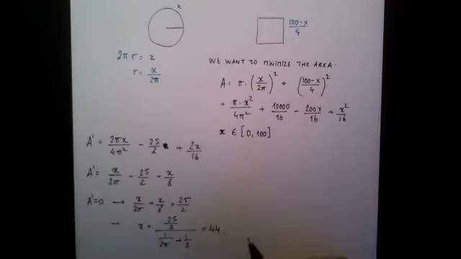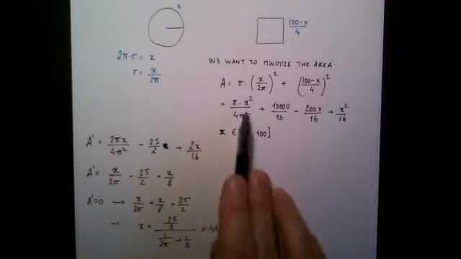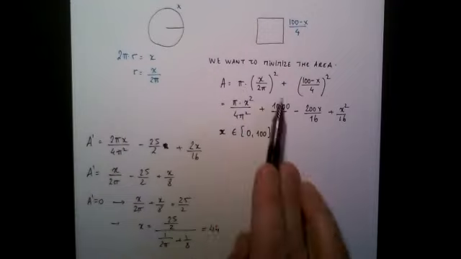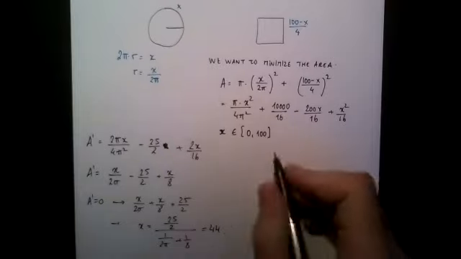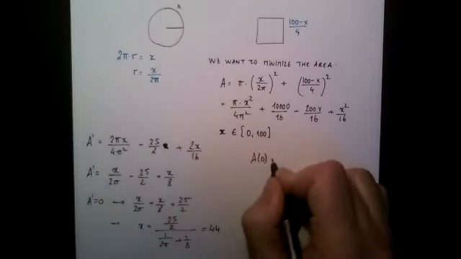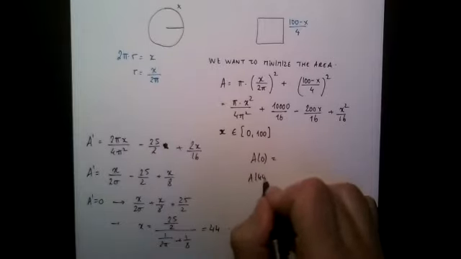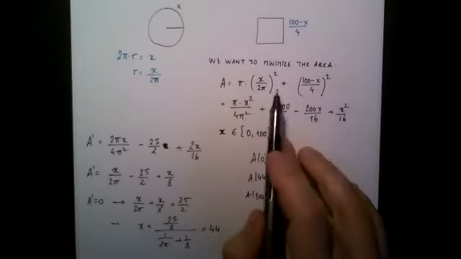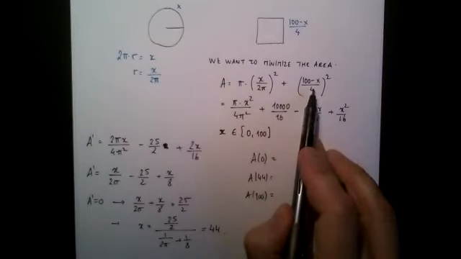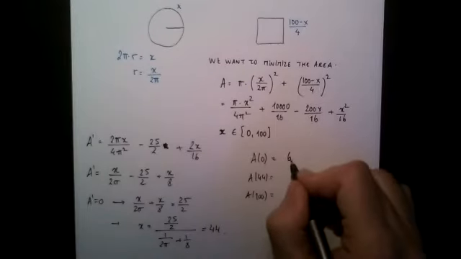So now we have to find the value of the area when x is 44, when x is 0, and when x is 100. So let's go. A of 0, A of 44, A of 100. If you plug in 0 here, you will get 625.